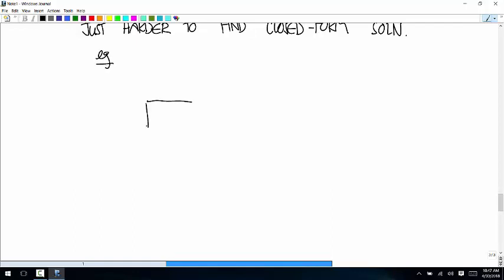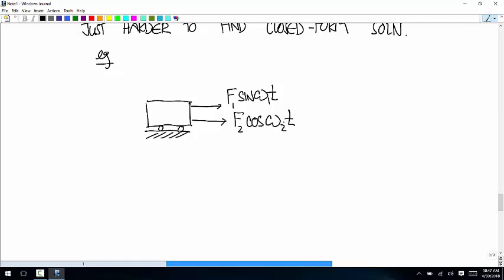Let's say we have a force this way that's equal to f sub 1 times sine of omega 1t. And then we have another one here that's f sub 2 times cosine of omega 2t. And then over here we have kx and cx dot.